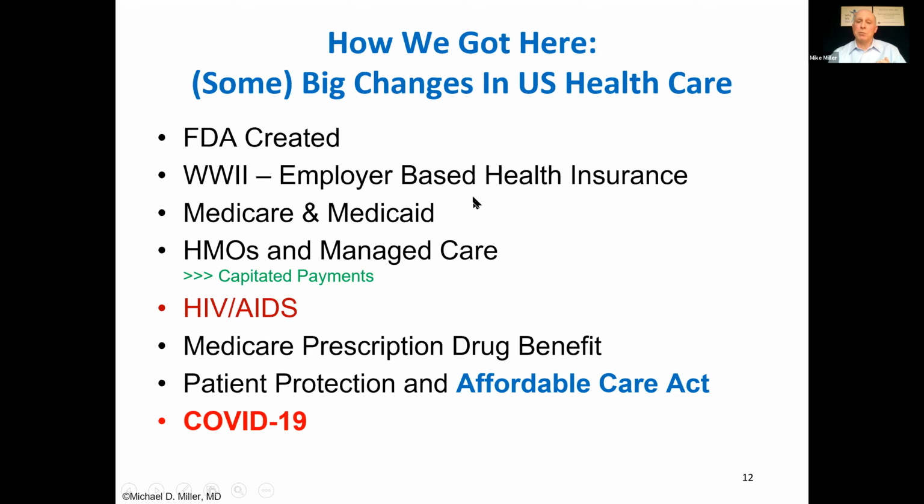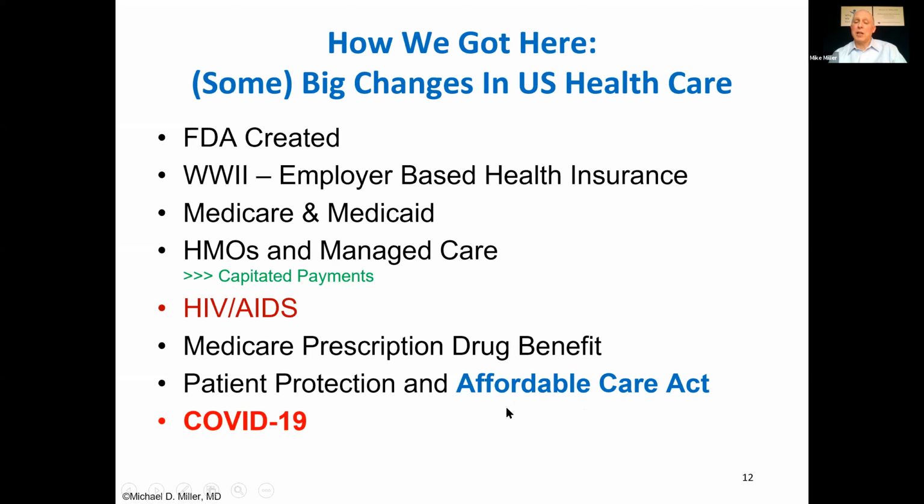World War II gave us employer-based health insurance, Medicare and Medicaid in the 1960s, managed care and HMOs, and something called capitated payments in the late 80s into the 90s. HIV and AIDS had some dramatic shifts in research and public health. The Medicare prescription drug benefit in 2006 changed the relationship between insurance companies and the pharmaceutical industry. The Patient Protection Affordable Care Act in 2010 was also a major shift.